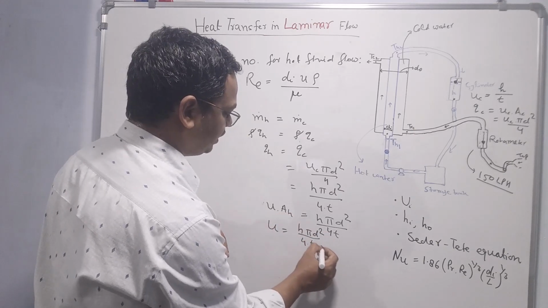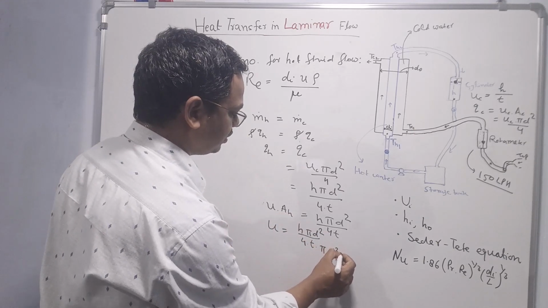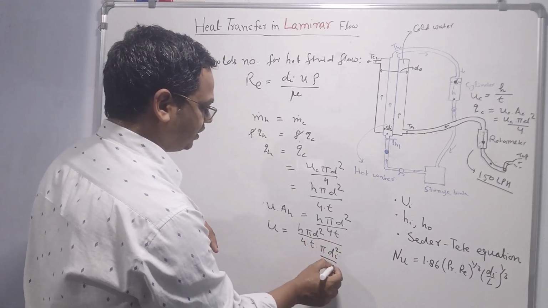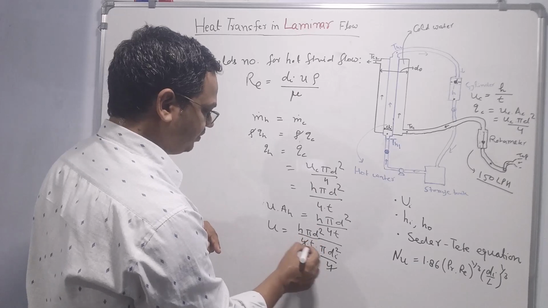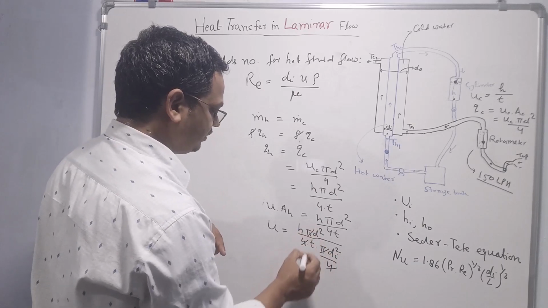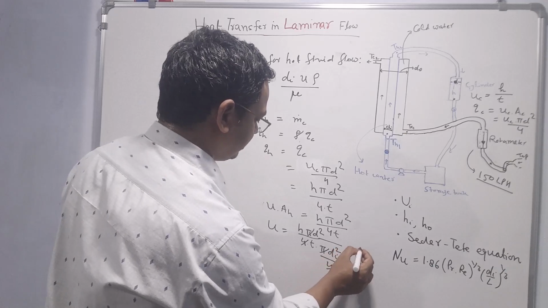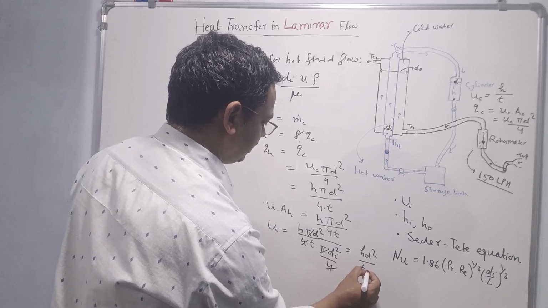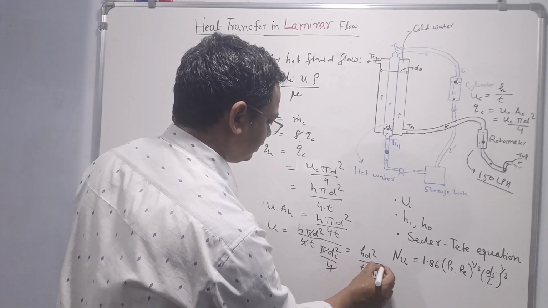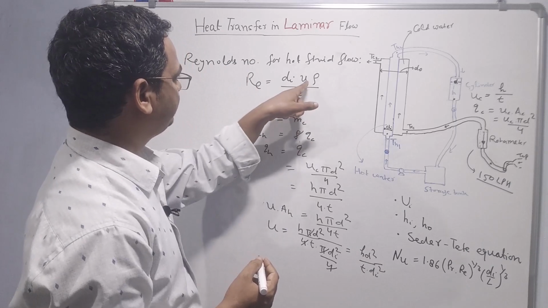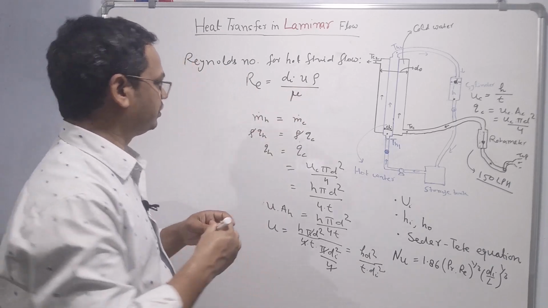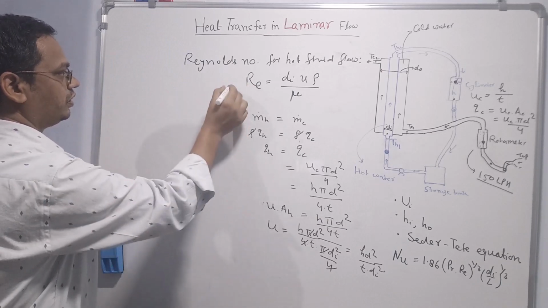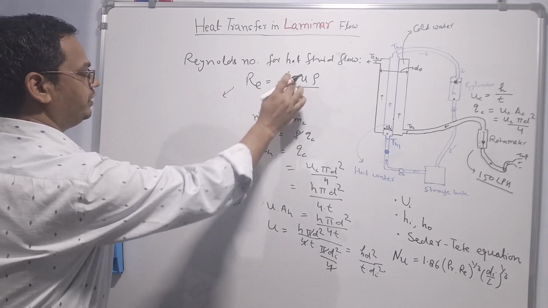AH is nothing but pi Di square by 4, where Di is the inner diameter of the inner pipe. The 4 will be cancelled, pi will be cancelled. Therefore we will have h d square by t Di square. This velocity can be put at this place.